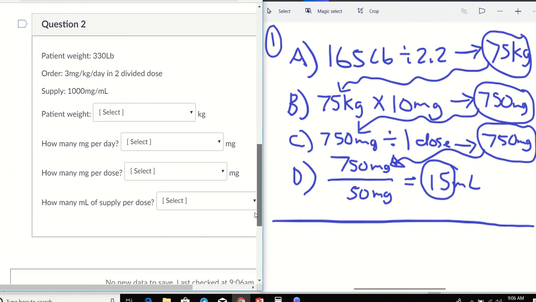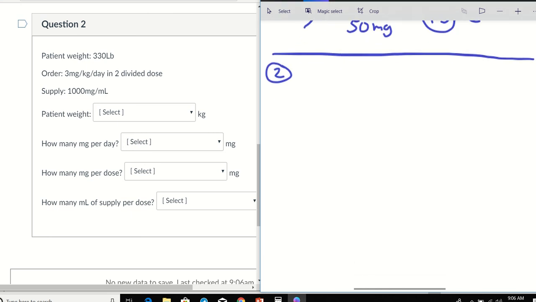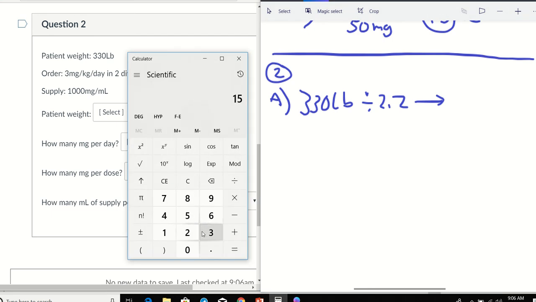All right, let's do number 2 as an example. Same thing, we're gonna do steps A, B, C, and D. So for A, our first task is to convert the body weight into kilos by dividing by 2.2. All right, so we got 330 divided by 2.2. That gives us 150 kilos.